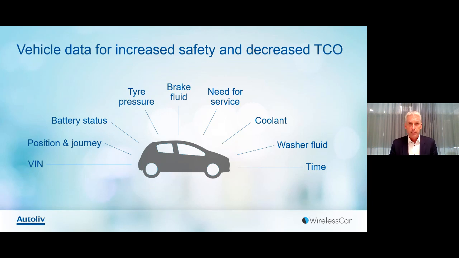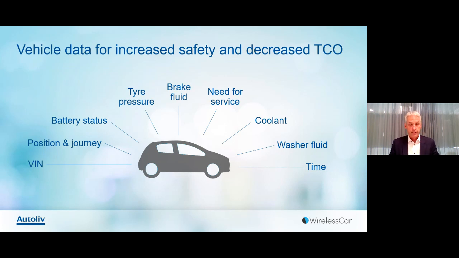It could be of interest, for example, to see what correlation we have between tire pressure and great driving behavior, or whether there are connections between service alerts and bad driving behavior. That's something for us to explore later on. But all this data, we also need to harmonize in order to compare different models to each other and different fleets to each other.